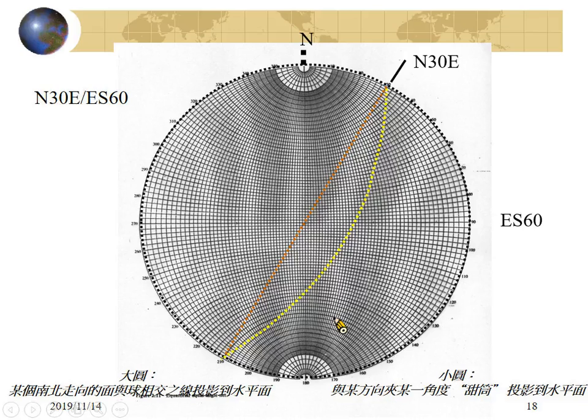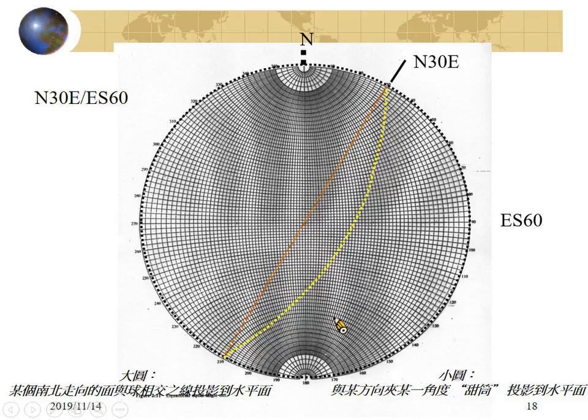So roughly 60 degrees, it will be roughly here, right? So this will be roughly the strike. Dip to the west south 30 degrees, I would draw a plane like this.